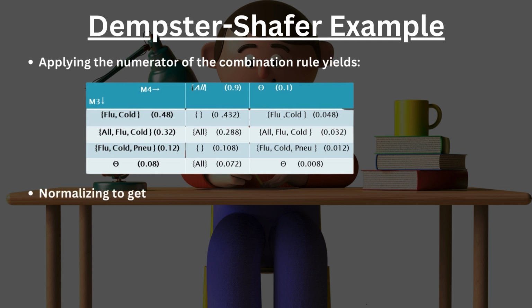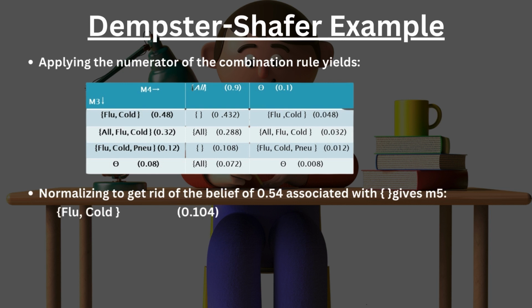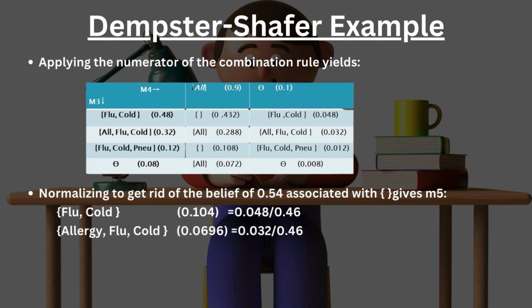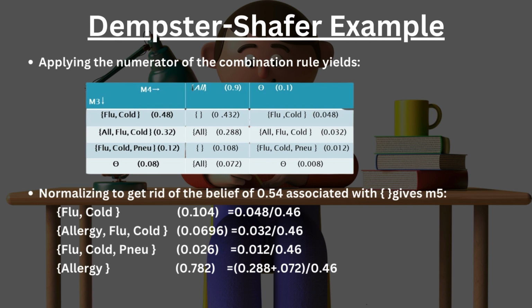Using the combination rule, numerator and normalizing, we get a new belief function m5. So, what is m5? As you can see in the table, flu cold is 0.104, allergy flu cold is 0.0696, flu cold pneumonia is 0.026, allergy is 0.782 and theta is 0.017.